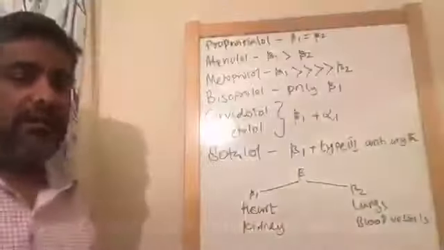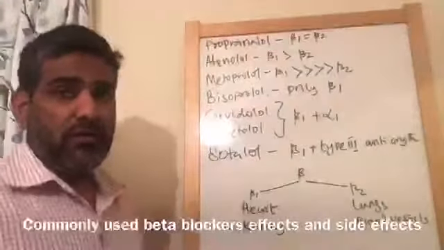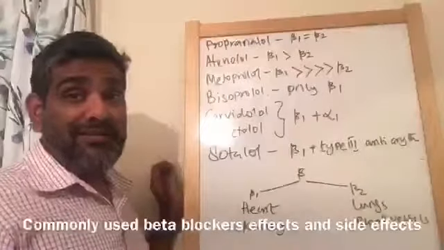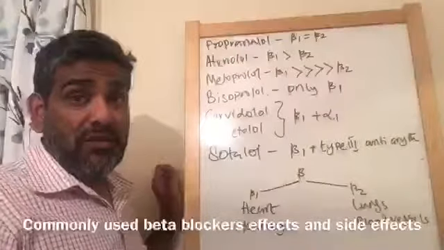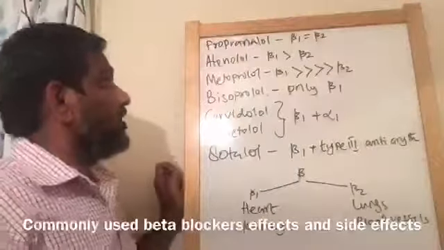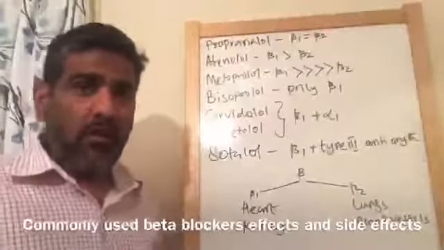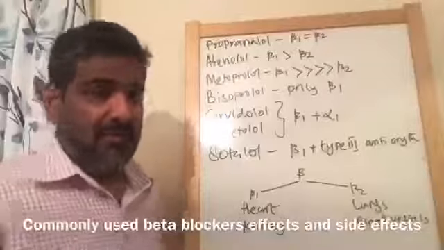Now we look at some commonly used beta blockers inside the ward, and their effects and side effects. First, propranolol. Propranolol is the oldest beta blocker in the world.